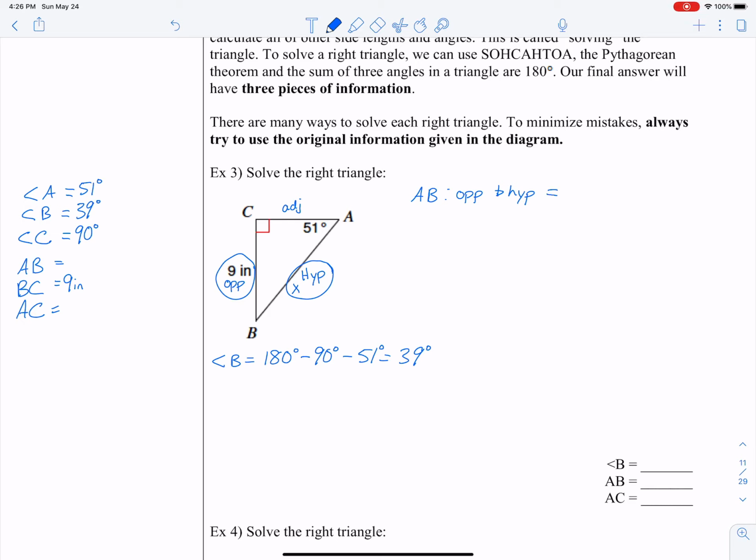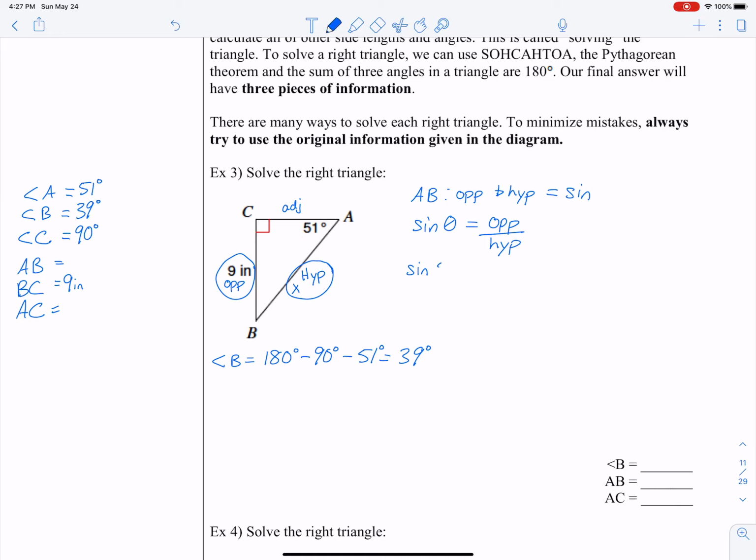So I'm going to use sine. Sine of my angle is equal to opposite over hypotenuse. So I'm going to write that in. Sine, now here's my angle, it's 51 degrees.